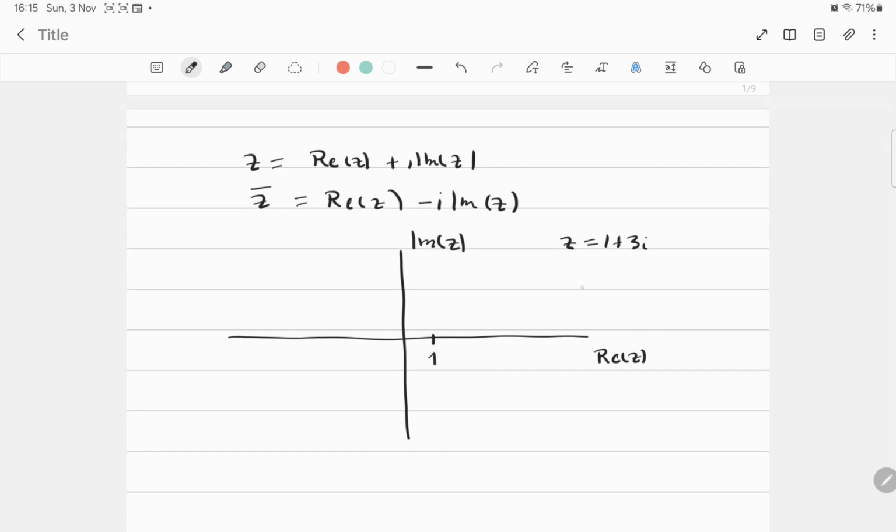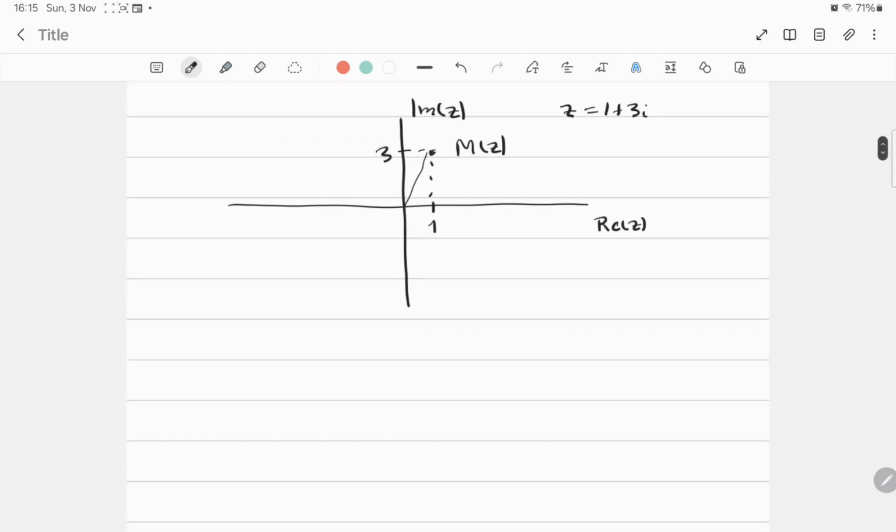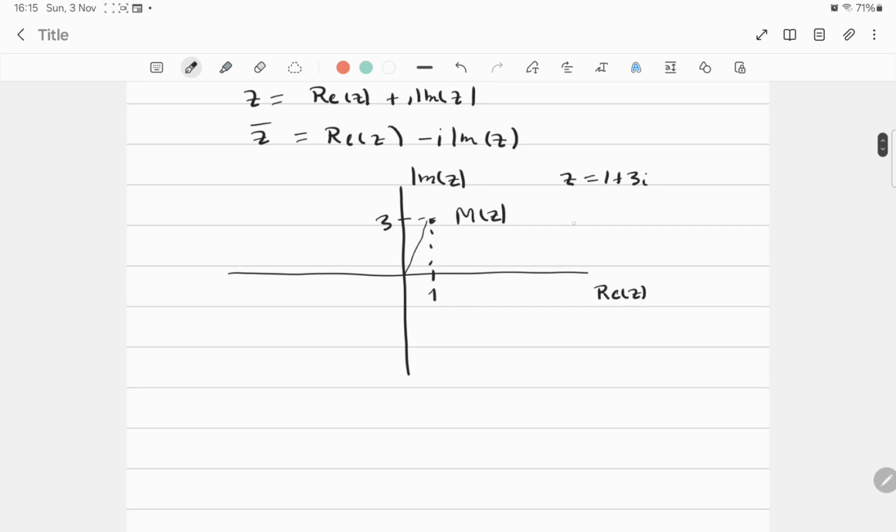The real part is 1, the imaginary part is 3. That's the image of the complex number. For the conjugate, z bar equals 1 minus 3i, so the real part is the same, the imaginary part is minus 3. So it's here, z bar.